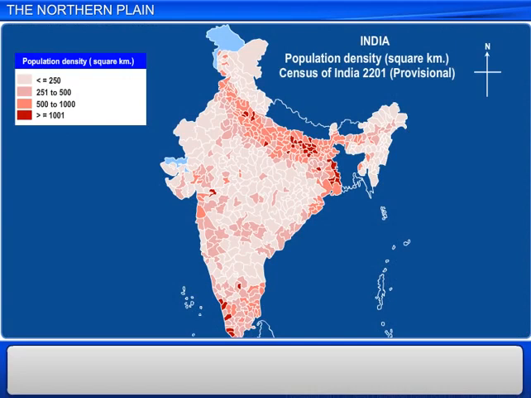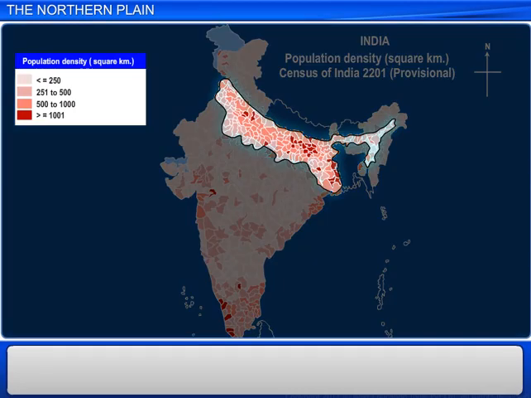Therefore, it is not surprising to note that the northern plain is a very densely populated physiographic division of India. Did you know, not just in India, the northern plain is one of the most populated areas on Earth?